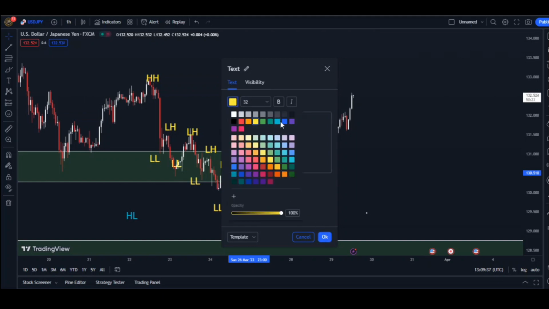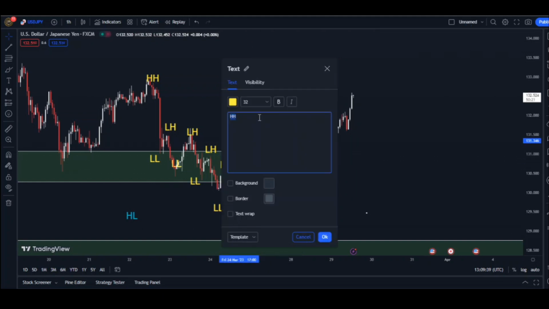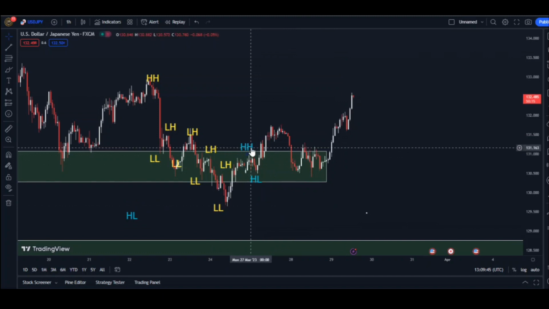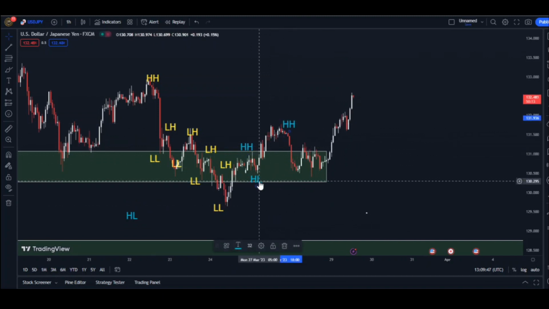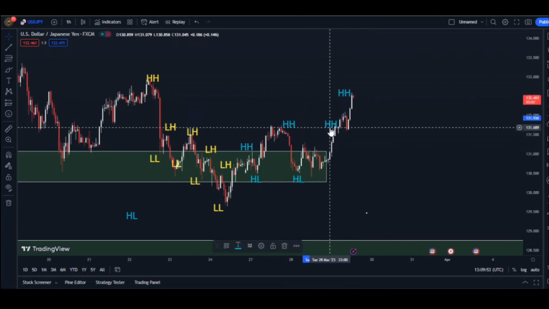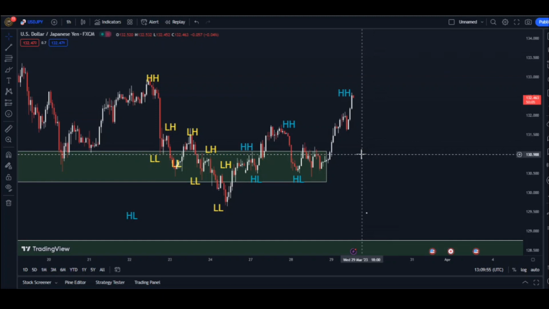Let's just change this to blue. Right, and then same thing, higher high, higher low. By structure, you already know what the market is doing currently.